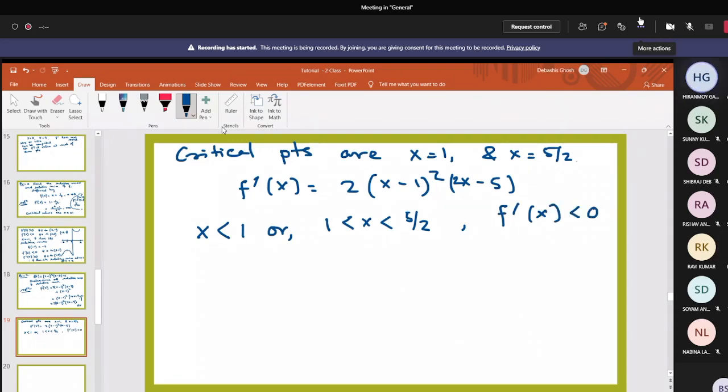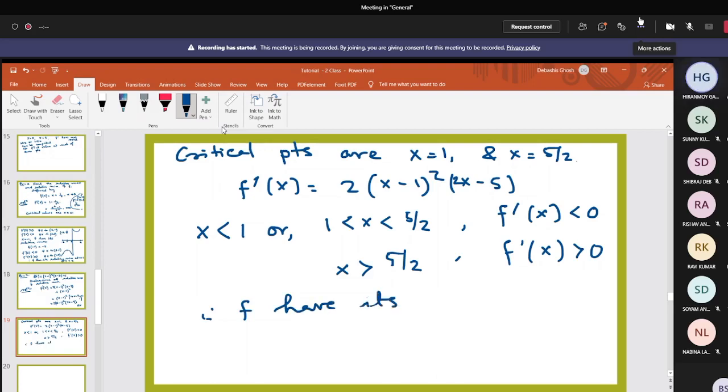Now for the remaining portion, that is if x is greater than 5 by 2, then you have f dash x greater than 0. So from negative to positive, if we make changes, then you must have the relative minimum. Therefore f has its relative minimum, and we are making changes here about the point 5 by 2.